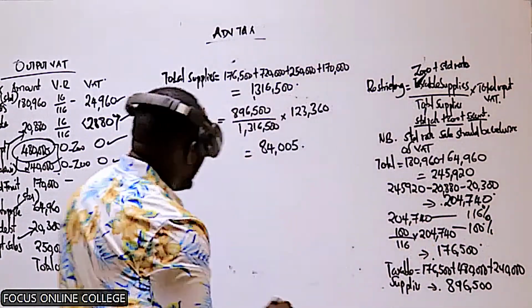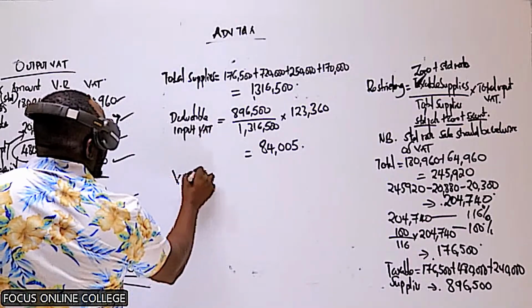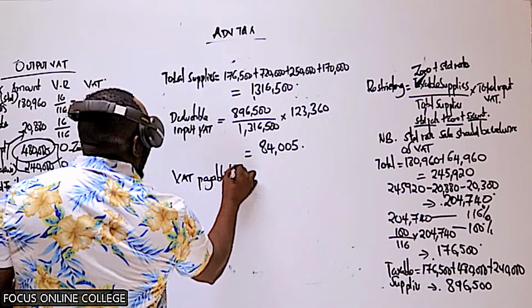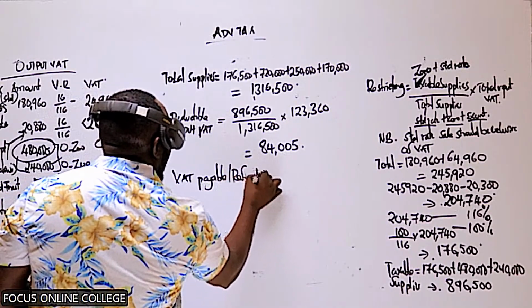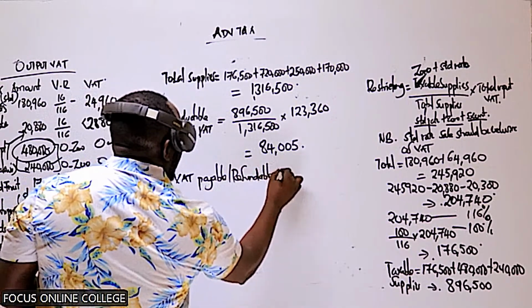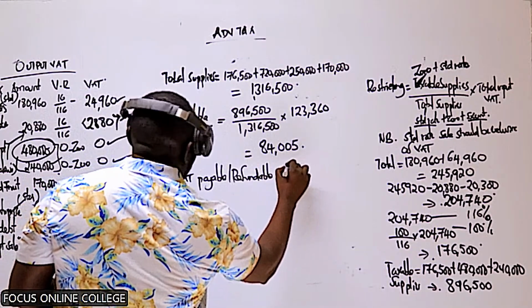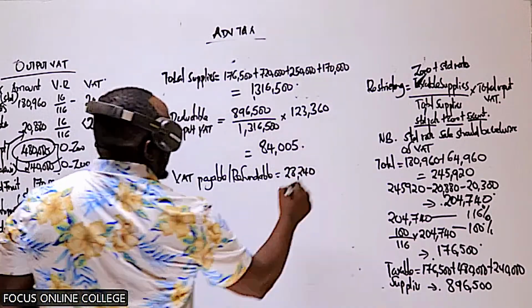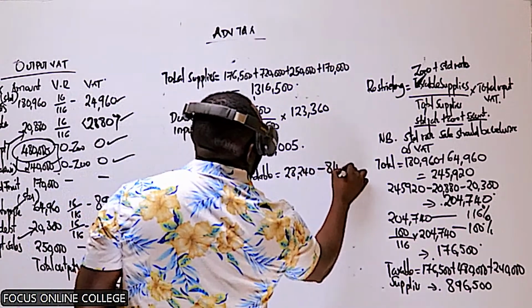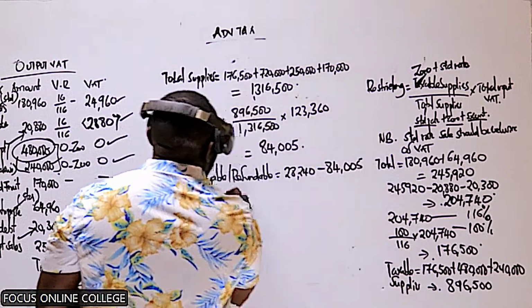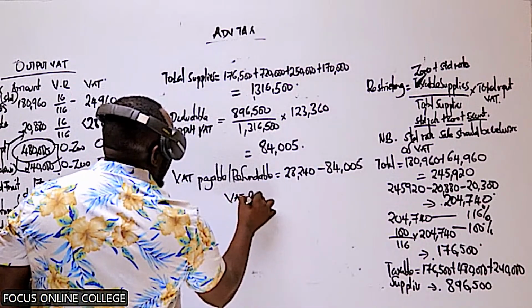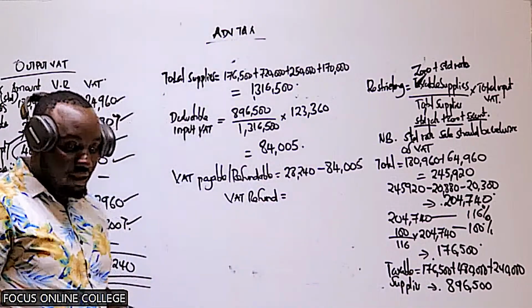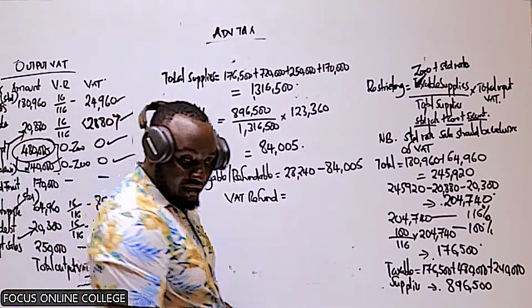Perfect. So then we get the VAT payable, so what we call refundable. Output is 28,40 minus 84,005. So this is the VAT refund.